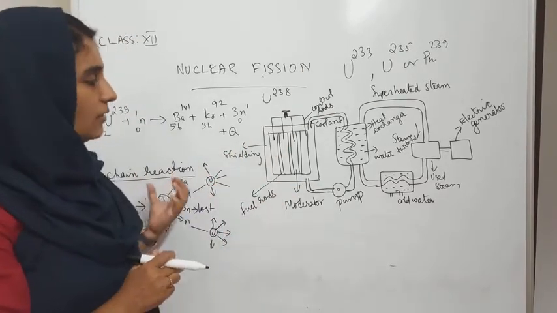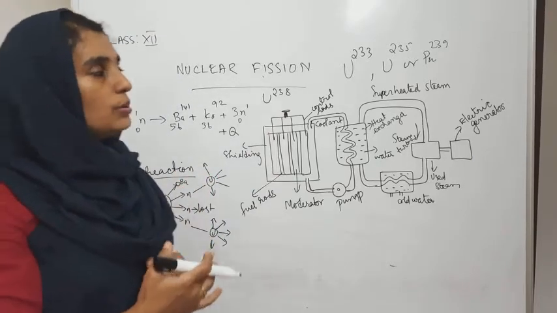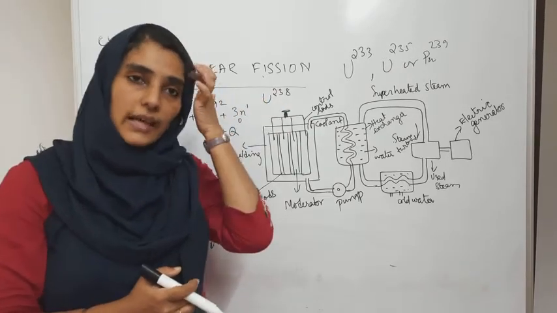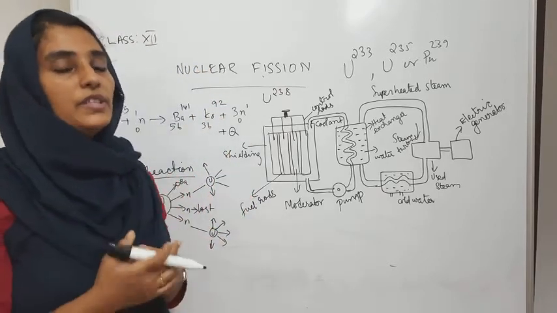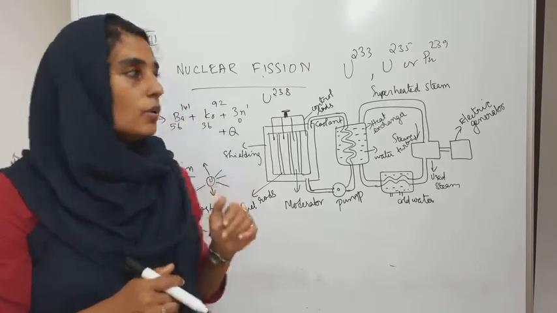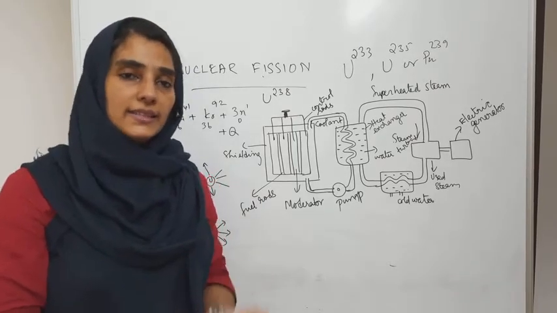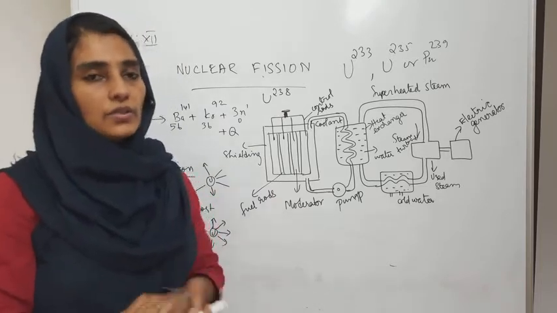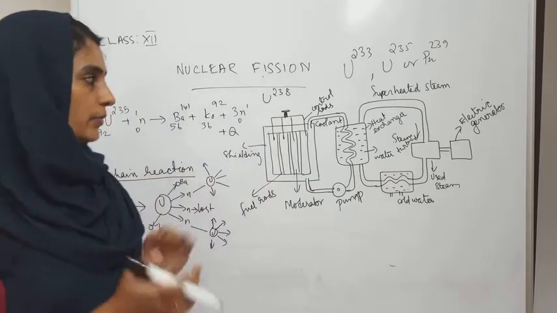But for fuel in nuclear reactors, we have to increase the percentage of uranium 235, because uranium 238 can undergo fission only with fast moving neutrons, which is a less probable case. Uranium 235 can have its fission reaction initiated even with slow moving neutrons. That is the advantage of having uranium 235 as the fuel of a nuclear reactor.